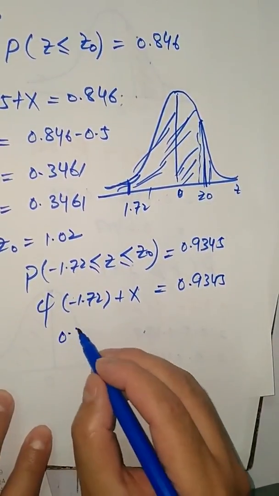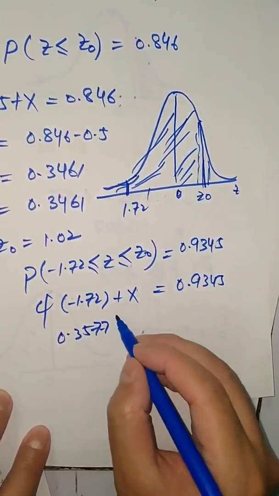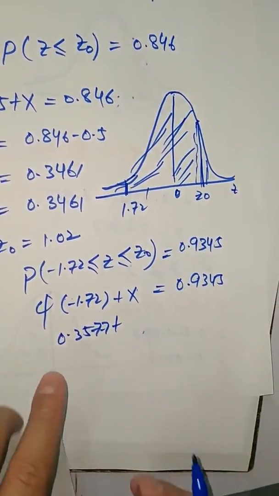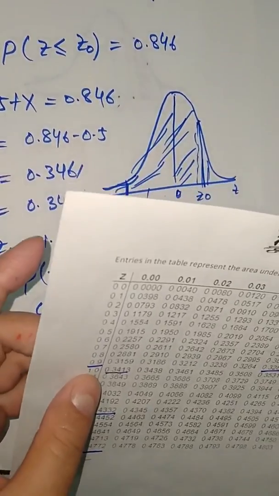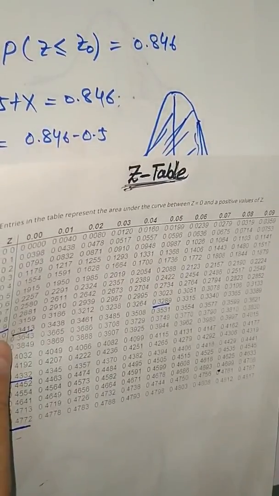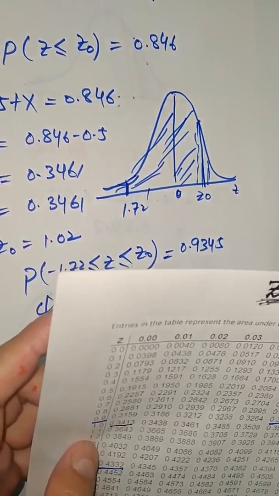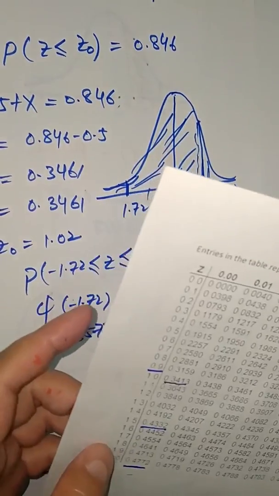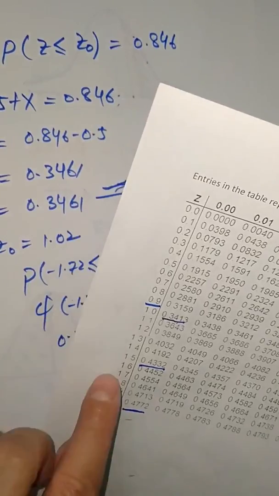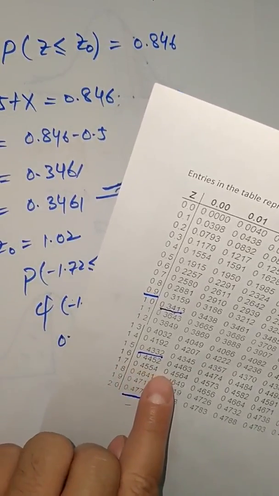This is equal to 0.3577 plus 1.72. In fact this is 1.7, and I will move right here.